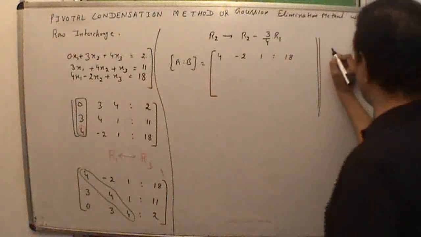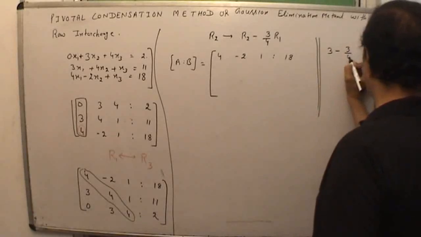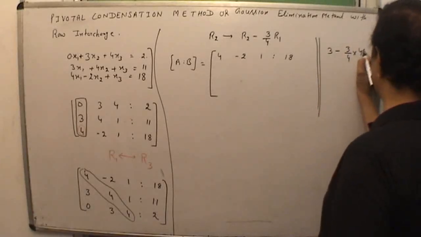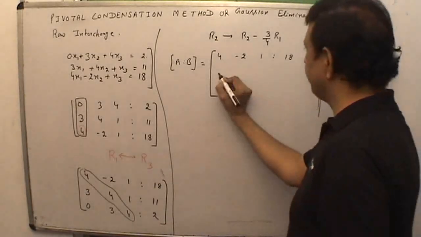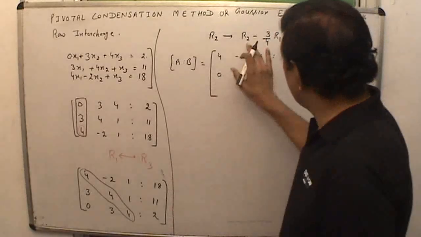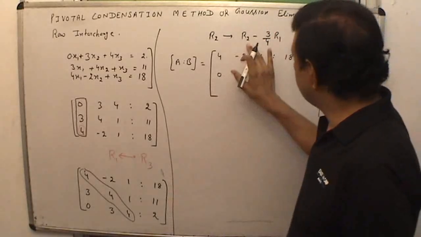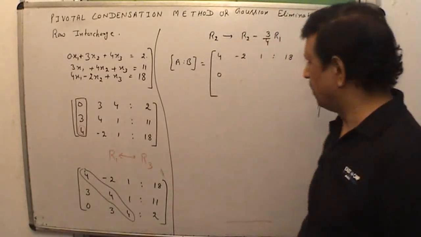Let us see here: R2 changes to R2. The R2 element is 3 minus 3 by 4 into R1, meaning 4. That is 3 minus 3, which is equal to 0. In this way we select our operations. This rule was followed in the simple Gauss elimination method.